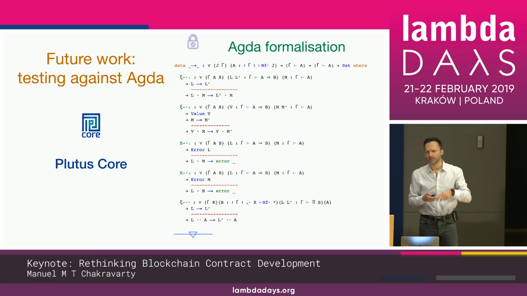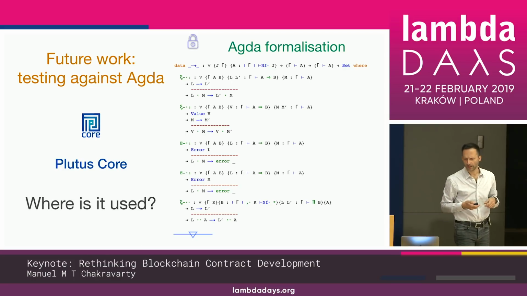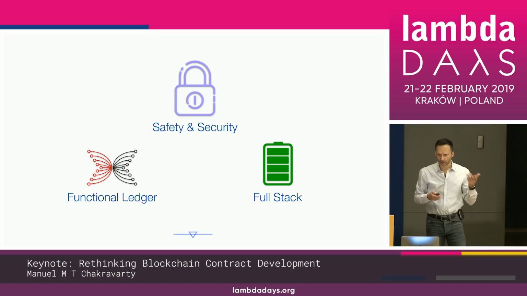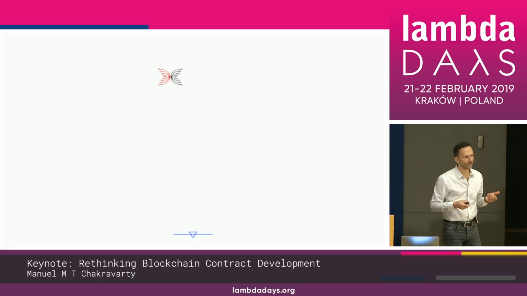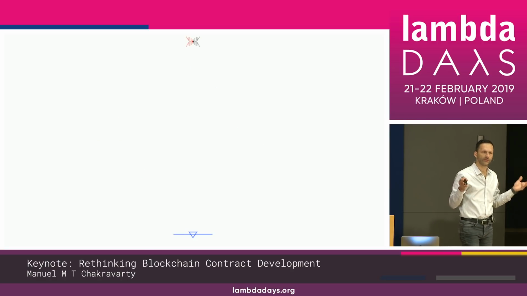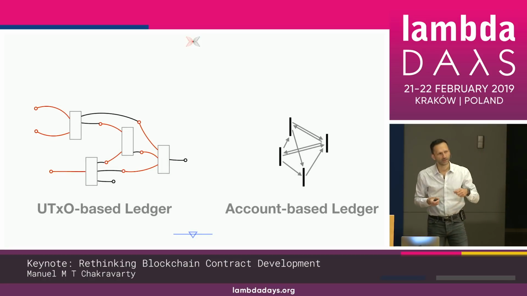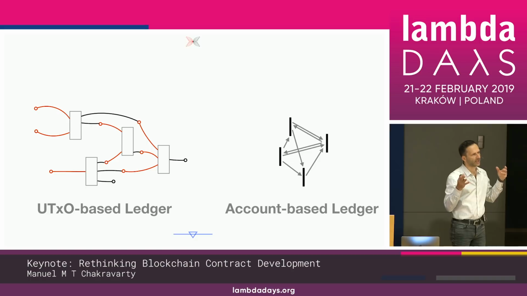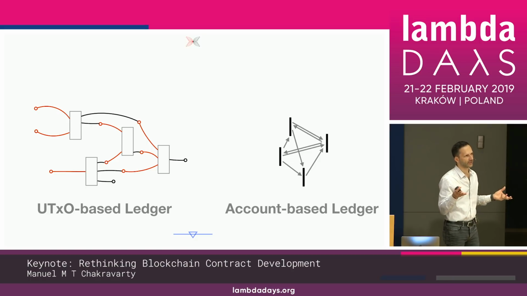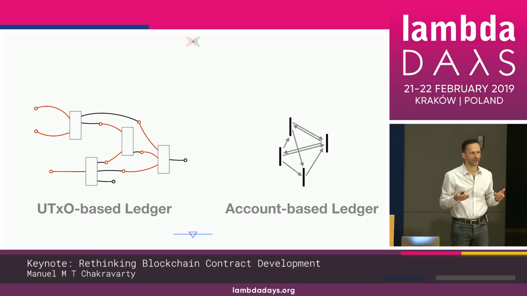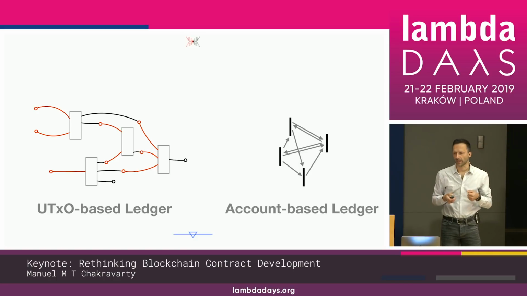All right, so where is this Plutus Core thing used? Let's look at the ledger. Now, I mentioned before, we've got two different major ledger models. So one is based on this data flow graph, based on these unspent transaction outputs. And the other one is an account-based ledger, which is kind of what you have at your bank.